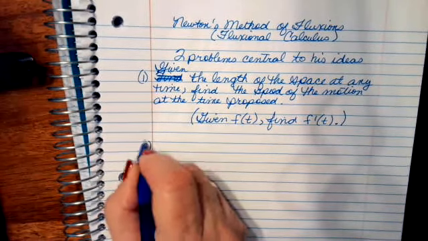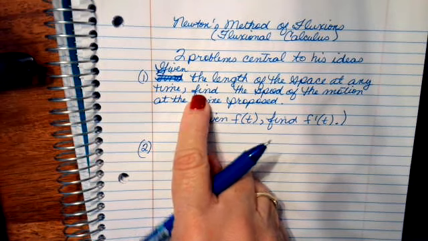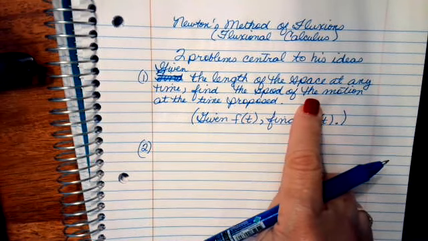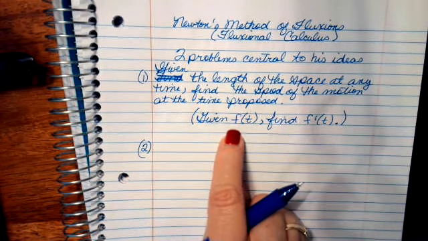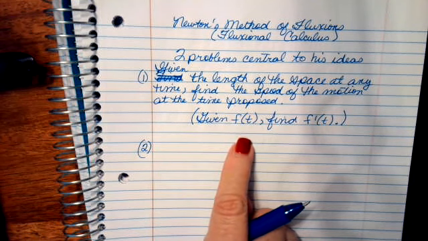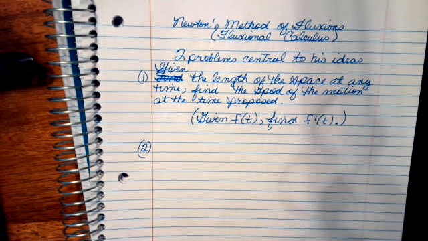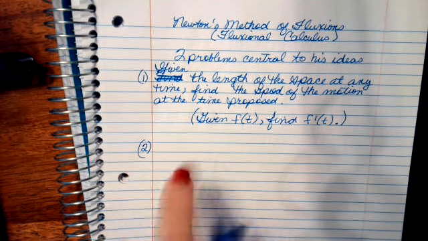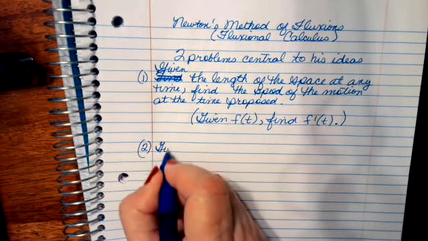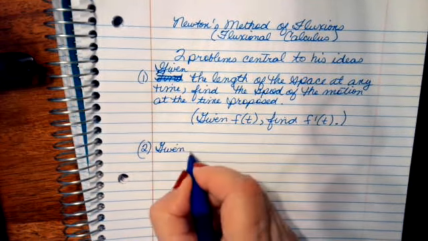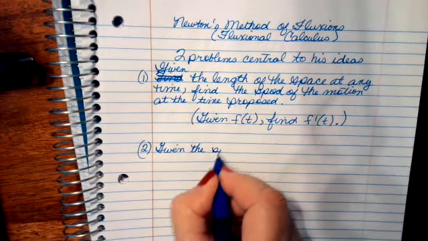All right, that's the first problem. Sound like calculus 1? You're given a function, you're looking for the derivative. In calculus 1, 1241, you spend a lot of time using different rules to find derivatives of just all kinds of functions. Okay, the second problem type, you're given the speed of the motion at any time.